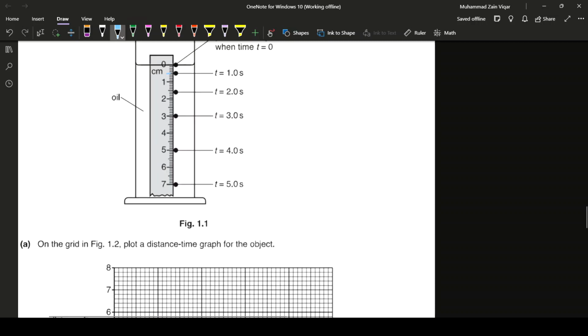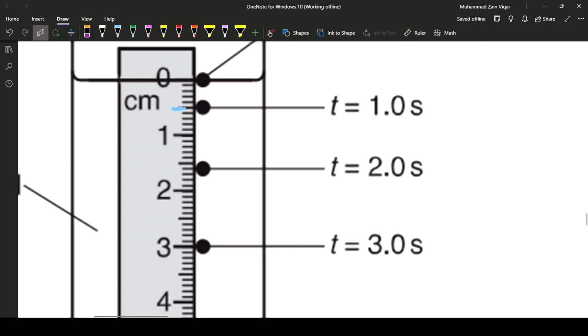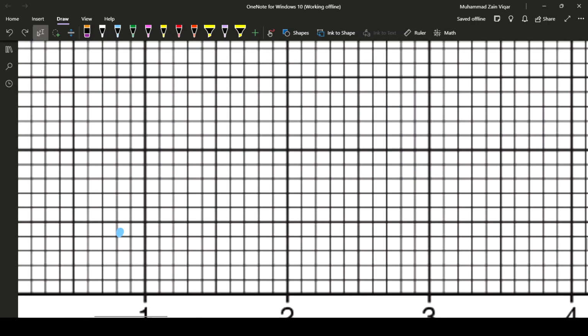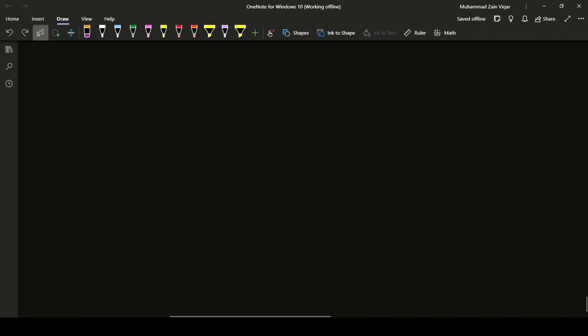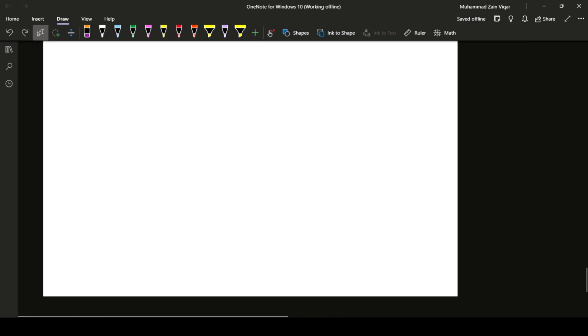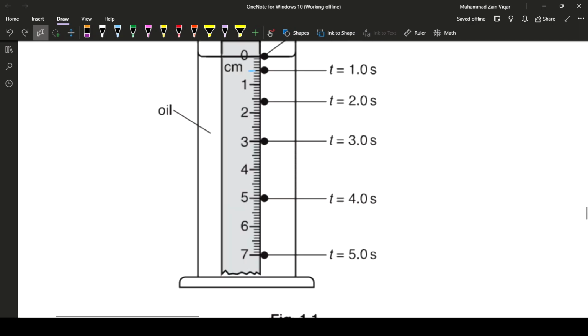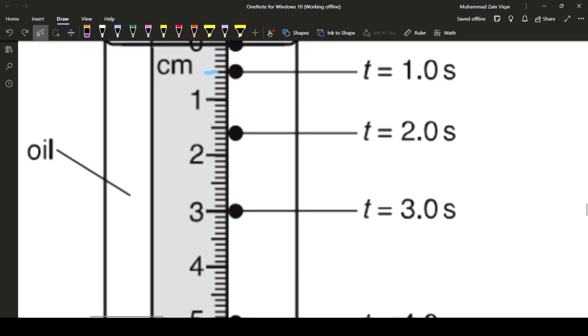Now I go on to the next point, and if you look closely, this is not touching 1.5, rather it's at a point just next to 1.5, which is 1.6.